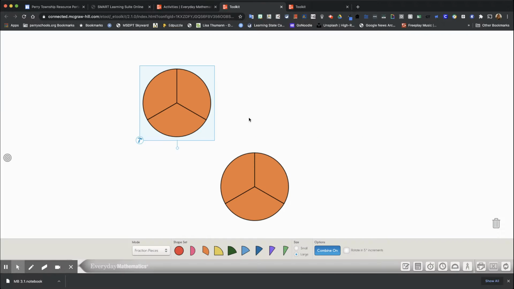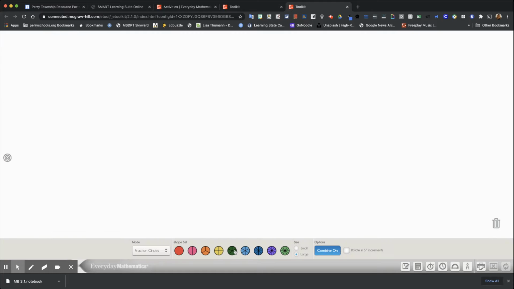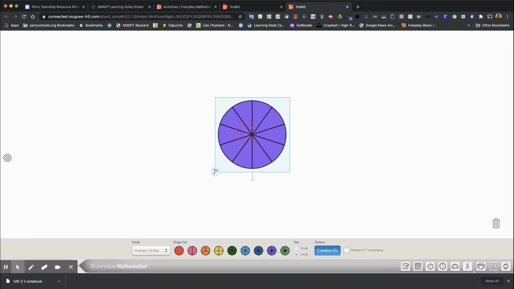So I'm going to come to my toolkit and let's clear this out. I'll just open a new one over here. So I've got my fraction circles, and I know that they did 8. So I'm going to look here. I've got this 1, 2, 3, 4, 5, 6, 7, 8. So we have 1, 2, 3, 4, 5, 6, 7, 8, 9, 10.